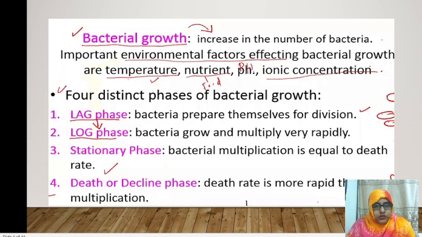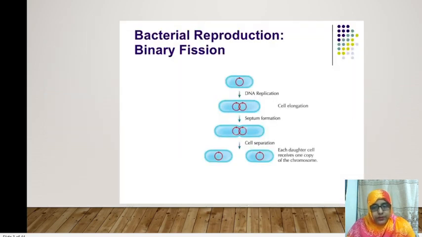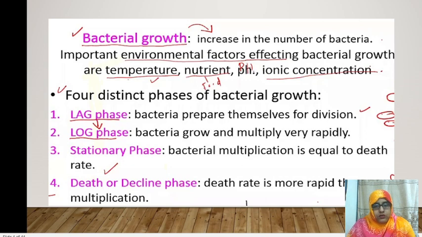Then bacterial growth. How do bacteria grow? This is the process of reproduction, that bacteria reproduce by binary fission. Then how it grows means how its number increases. Increase in the number of bacteria is called bacterial growth.